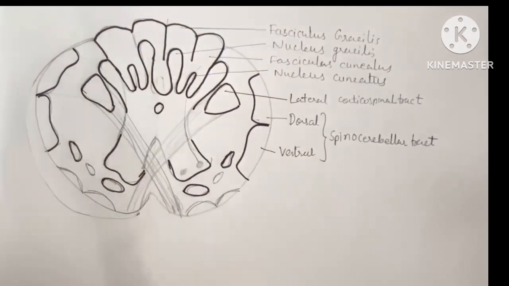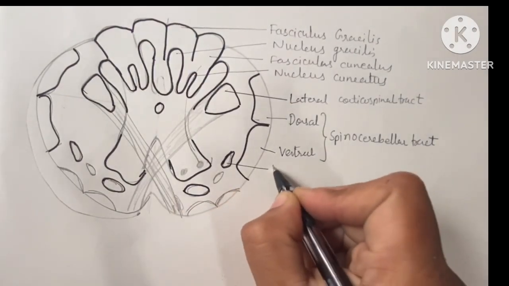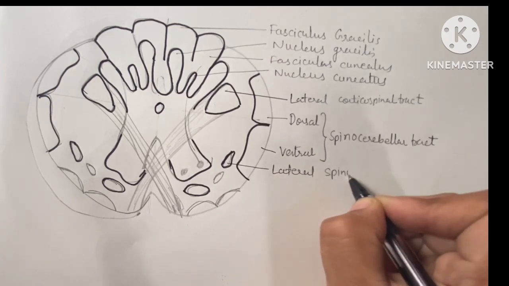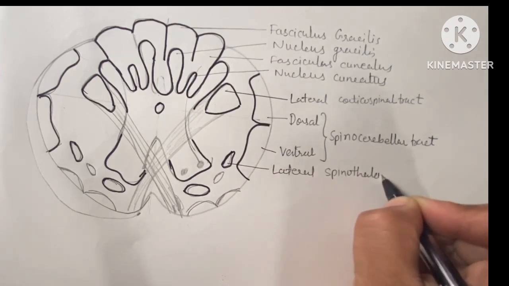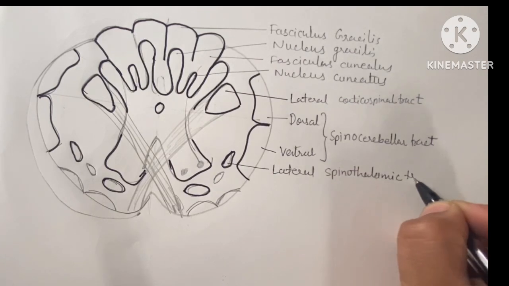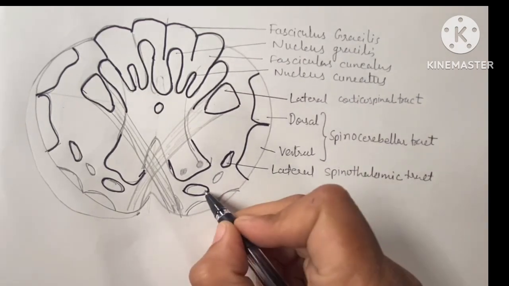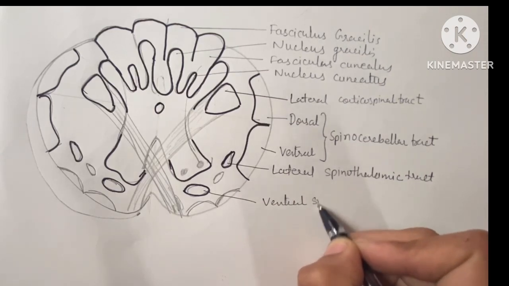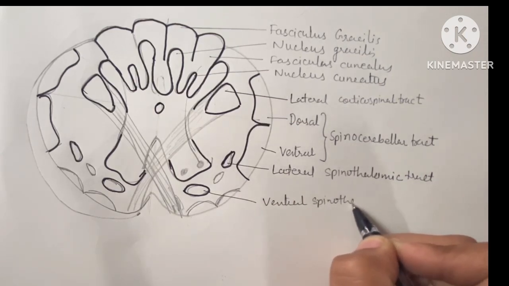So it carries sensation for pain, touch and temperature. So ascending tract, spinothalamic tract, there is a lateral spinothalamic tract and an anterior spinothalamic tract.